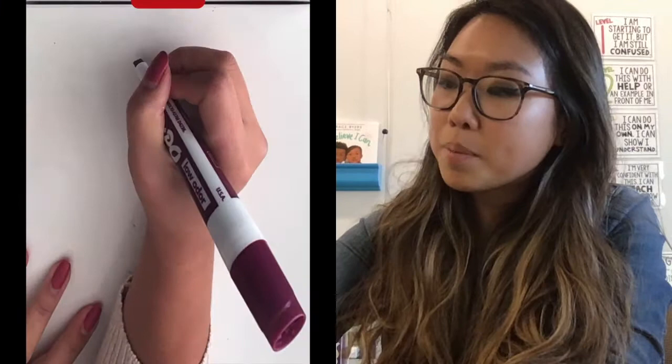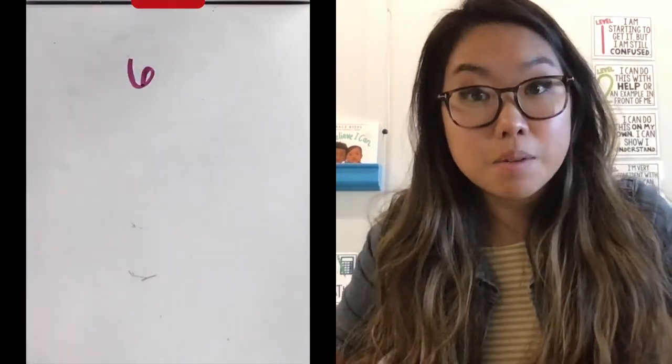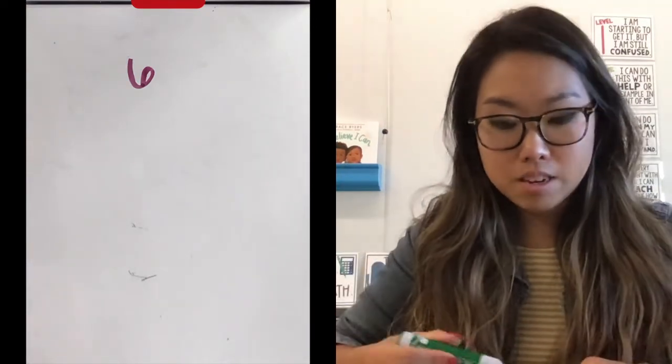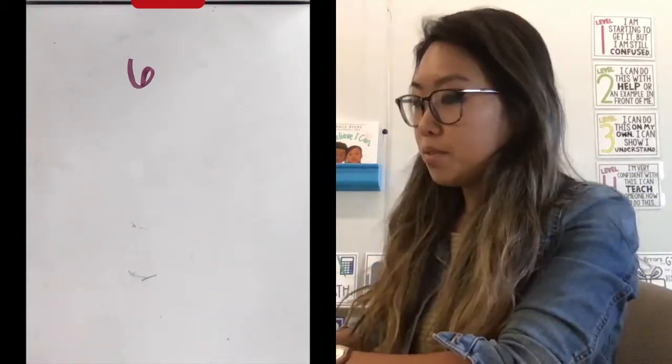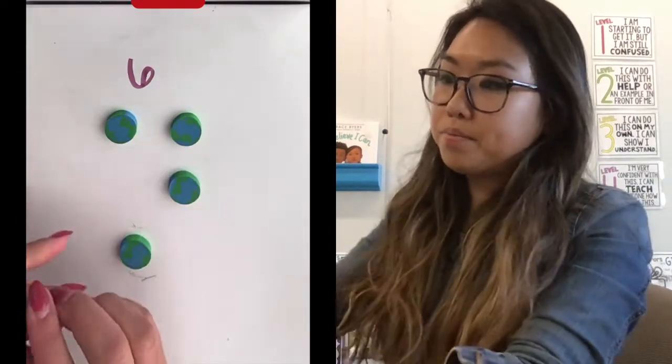So let's get started. When we think about a number, for example the number 6, we want to know whether or not this number is even or odd. When we think about even, we're thinking about every part of the number having a partner. So if I want to use tools, I can have 6 tools.